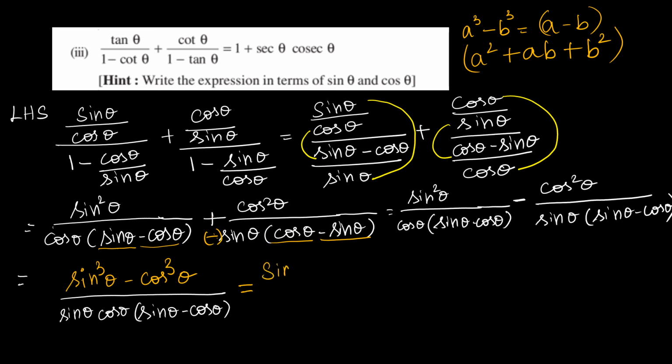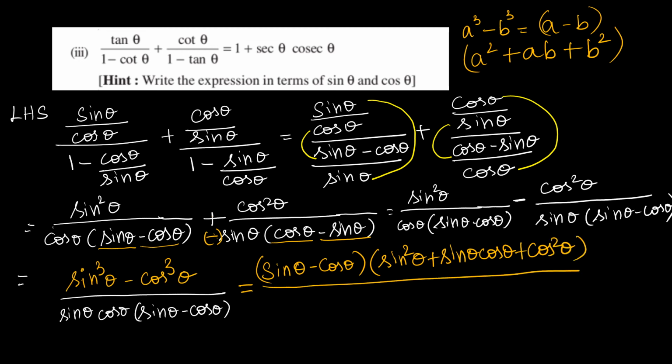Sin theta minus cos theta into sin square theta plus sin theta cos theta plus cos square theta by sin theta into cos theta into sin theta minus cos theta.